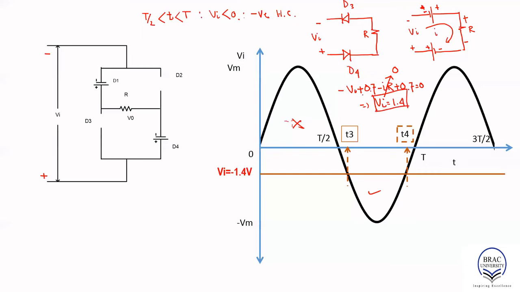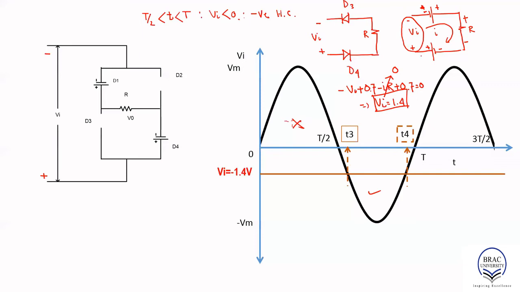So we obtain a VI positive value. But notice that we already considered VI to be negative. So that means we know which half cycle we are talking about. We are talking about the negative half cycle. So if you obtain a positive value of 1.4, it only applies for this negative half cycle.